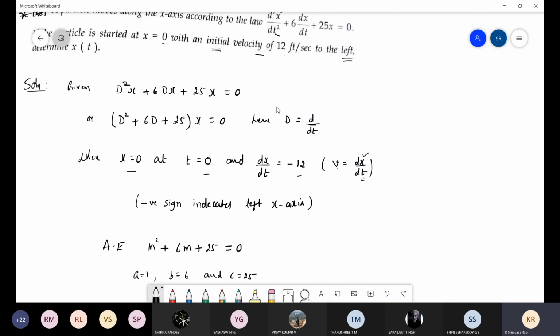This is the most useful tool actually, differential equations, and you will get the solution for many real problems. Whatever the real problem, even COVID, how it is increasing or decreasing day by day, you can represent in a differential equation form. You have to define what is x and what is t.